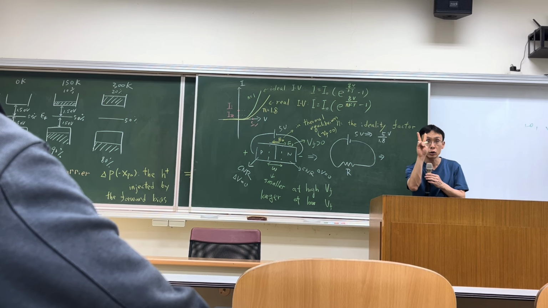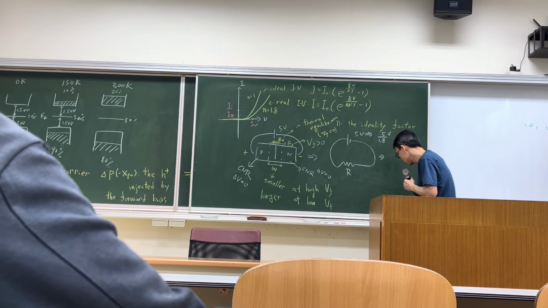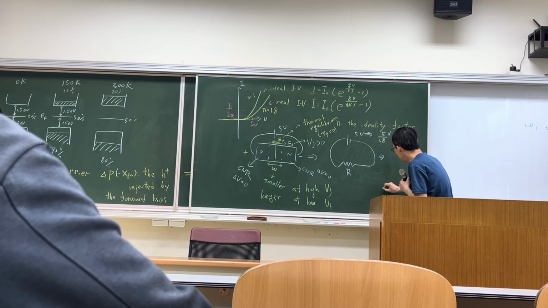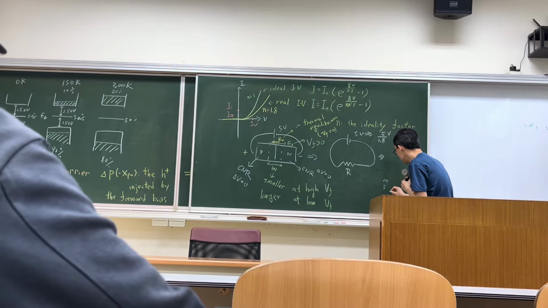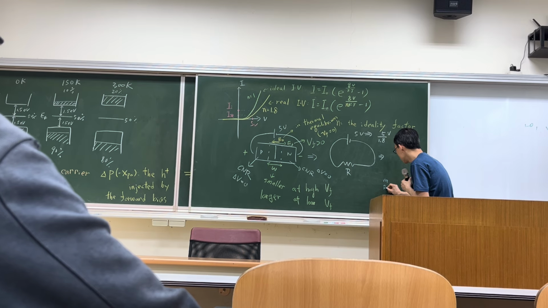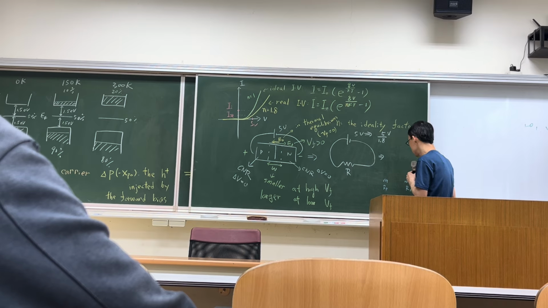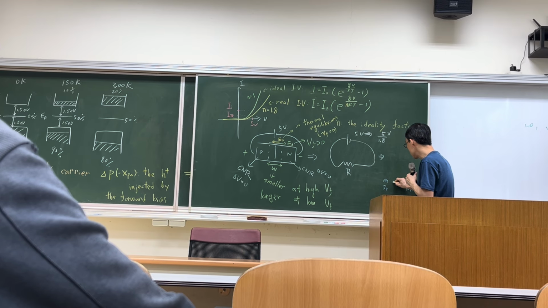We have 2 additional resistors. This is the n-region resistance. This is the p-region resistance. And this is the original depletion region resistance, which is larger.